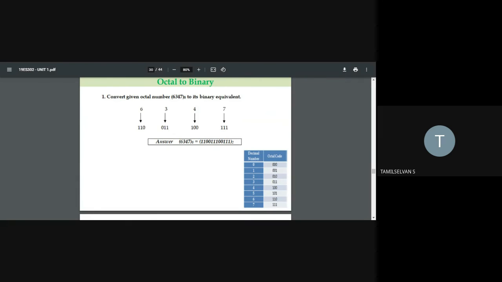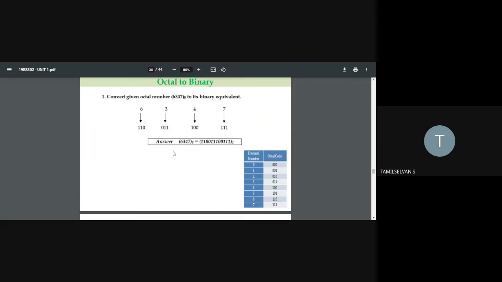Only 3 bits are available because this is an octal number. By the same methodology, for a hexadecimal number we identify 4 bits.